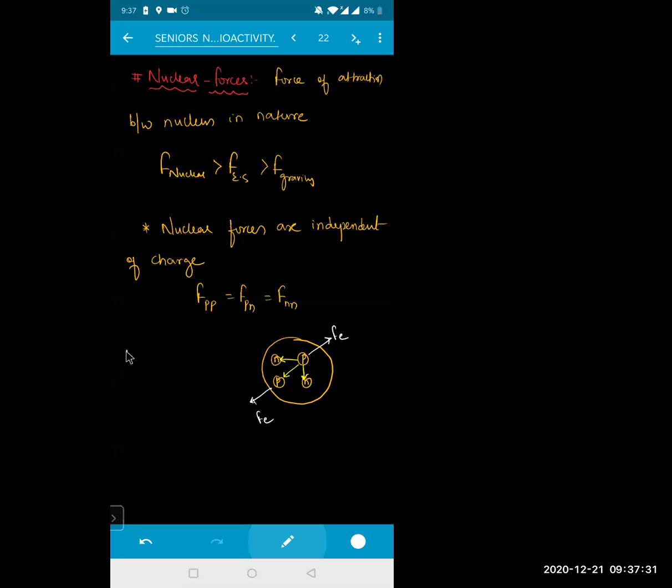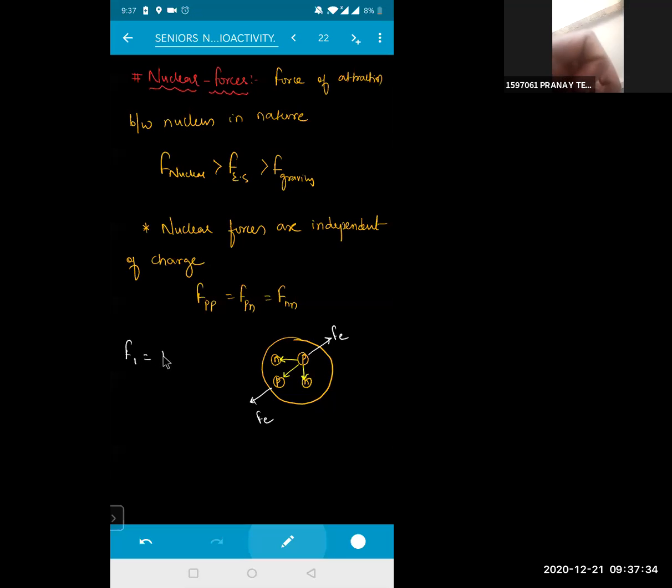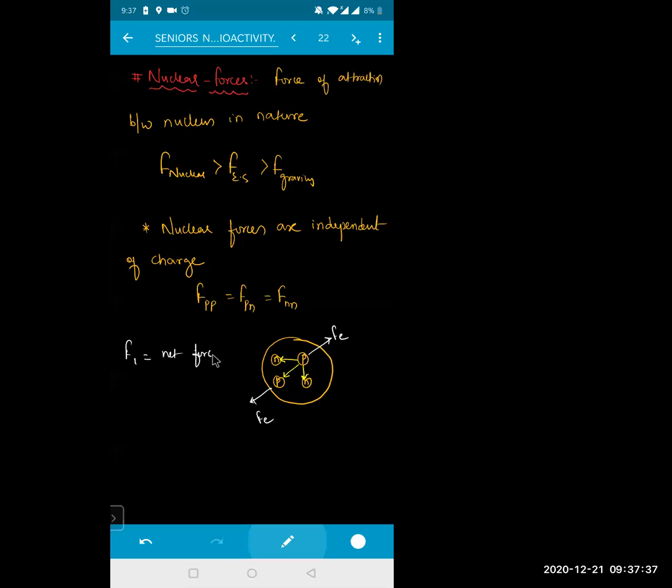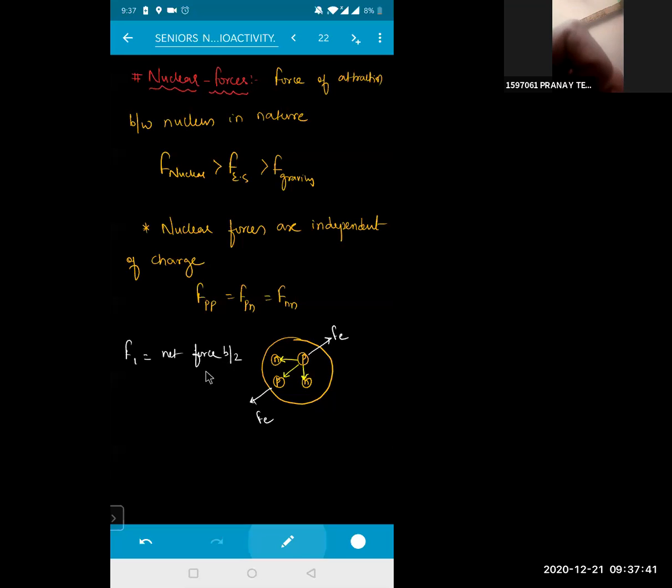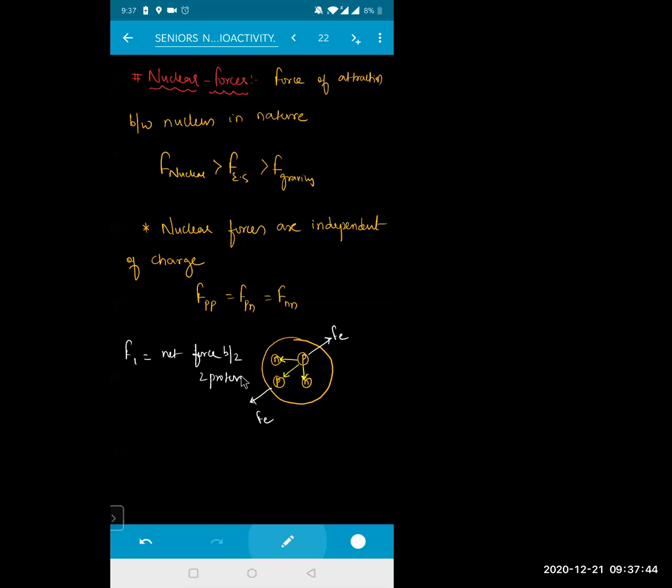Like, say if I'm telling you right now, F1 is equal to the net force between two protons, and F2 is equal to the net force between proton and neutron, and F3 is equal to the net force between neutron and neutron.